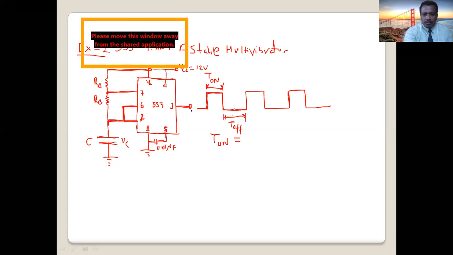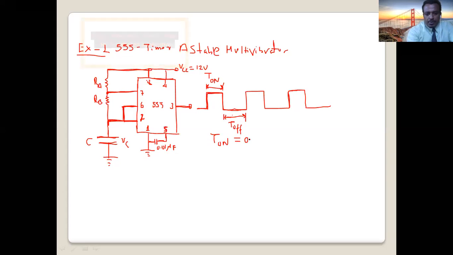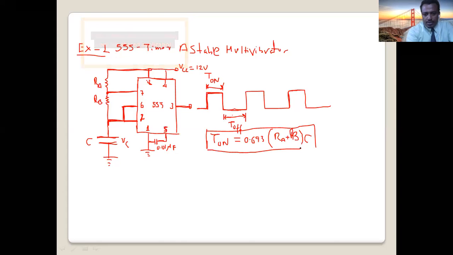How much this output turns on, this time period, T on, is equal to the formula I'm talking about, 0.693 times the summation of the two resistors, RA plus RB, times C. This is the time period where the output is on.